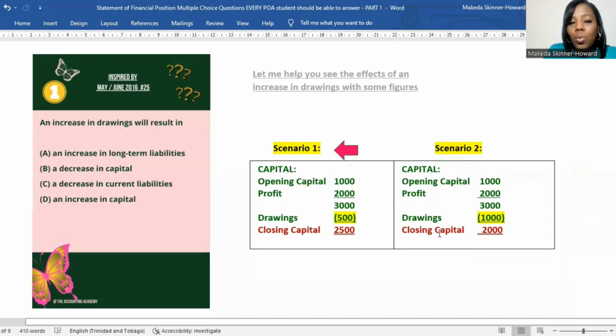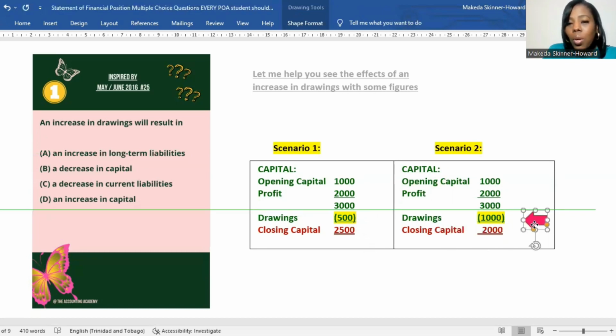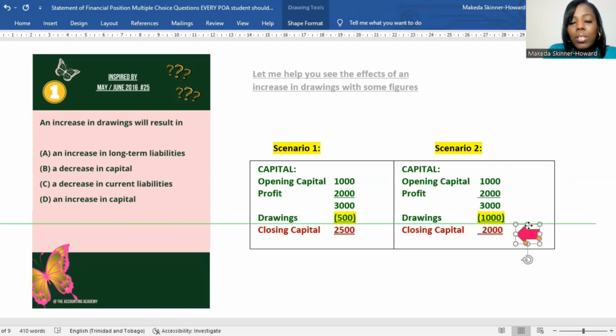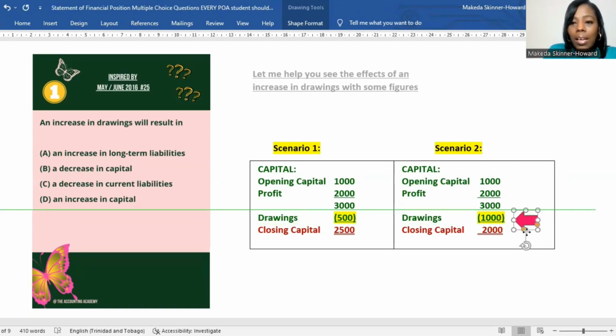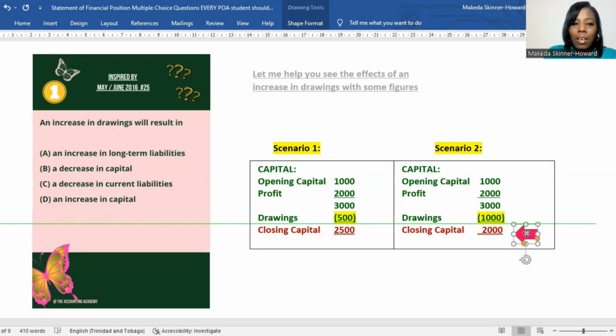And if you compare the two figures in red, we have $2,500 as our closing capital for scenario 1, and we have $2,000 as our closing capital for scenario 2. And we can clearly see that when the drawings increased by $500, our closing capital decreased by $500.